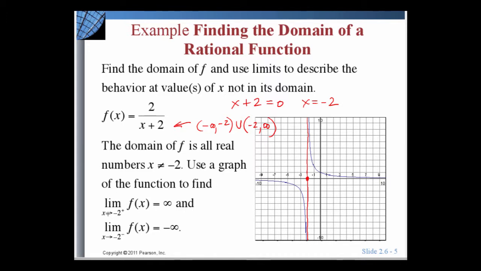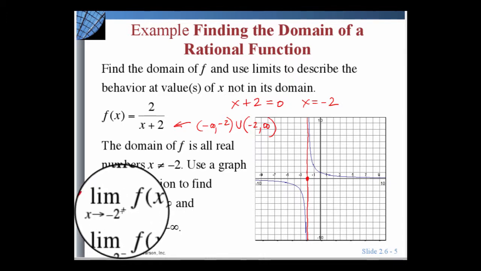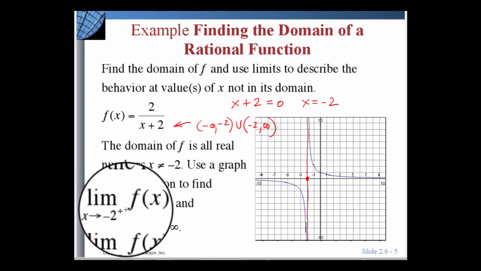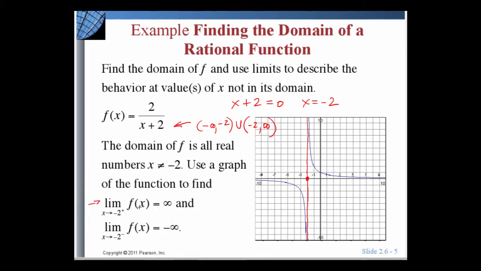Now, another way that we can represent this is in terms of limits. So here is this first limit, the limit as x approaches -2, and this little plus sign means as x approaches -2 from the right, what is the limit of f? Meaning, what does the function do as we approach -2 from the right?